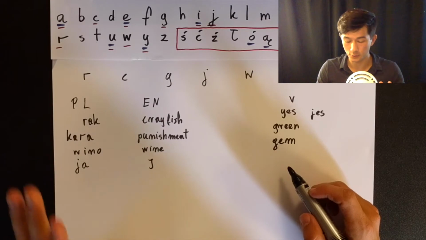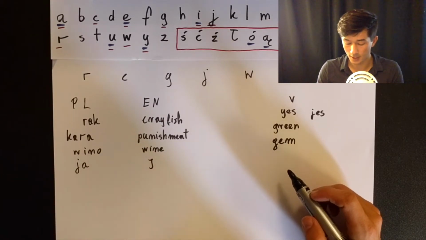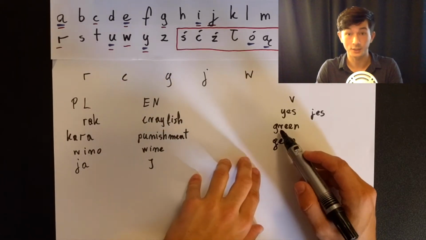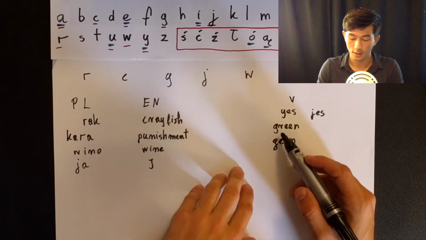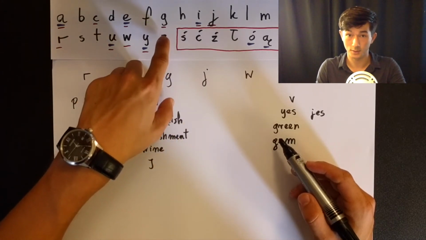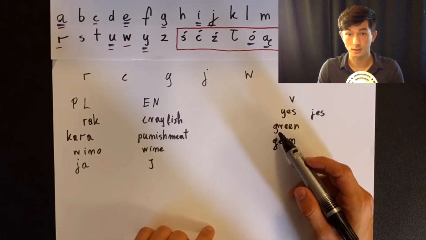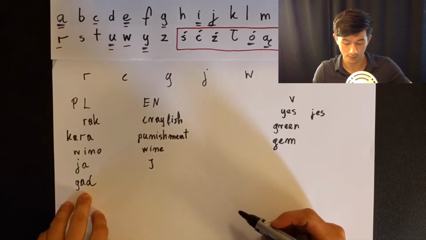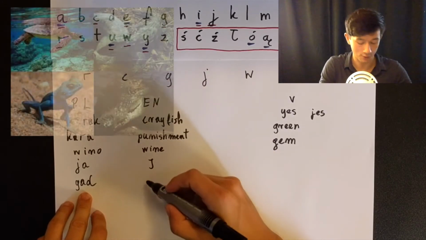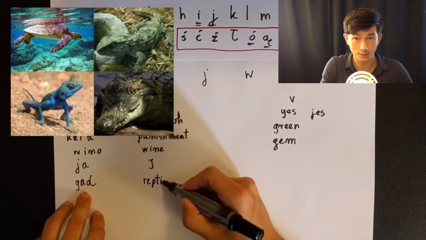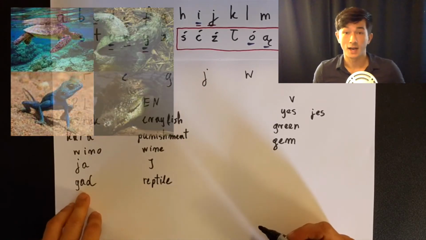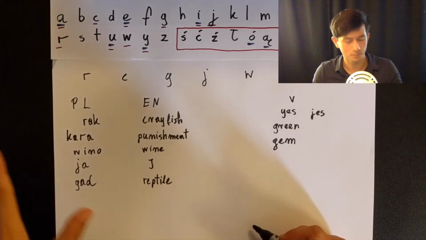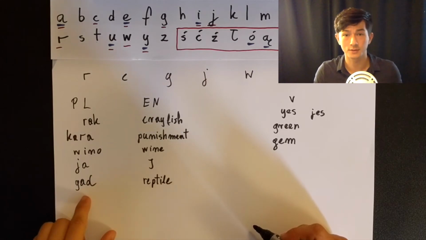As far as I know, there are 2 ways of pronouncing G in English, like G and like J. But the Polish equivalent is always pronounced as G, so that's simple. An example of G is gad, which means reptile. We'll jump into the next letter because this one is quite simple too.